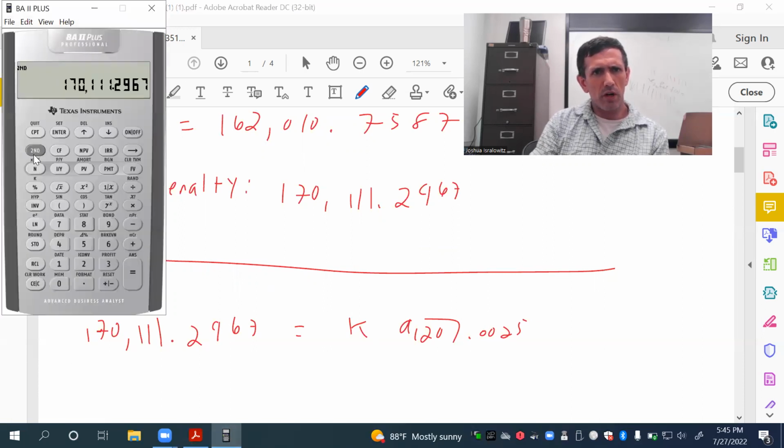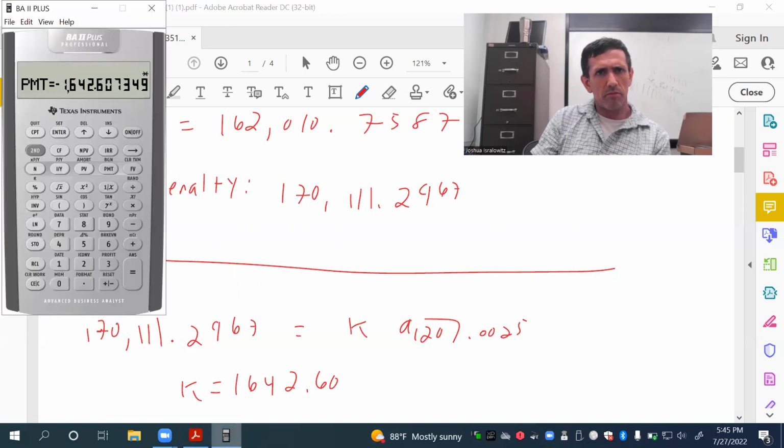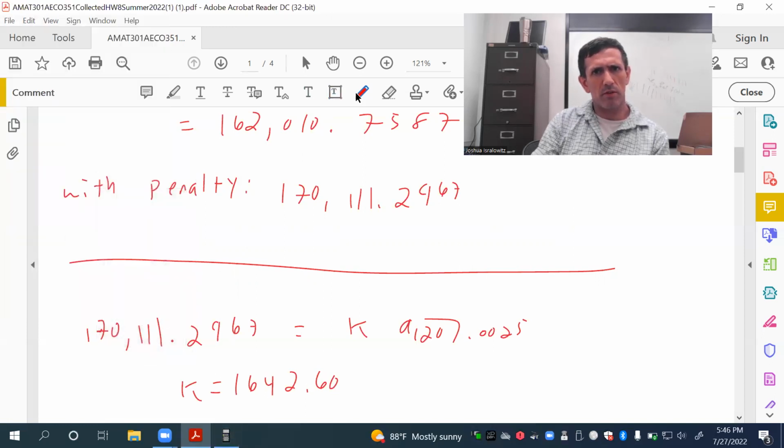Right, so this is already in the calculator on the screen. So set this to be present value, 120 N and 0.25 interest. So 1,642.60. Sorry, 61 cents. That really matters.